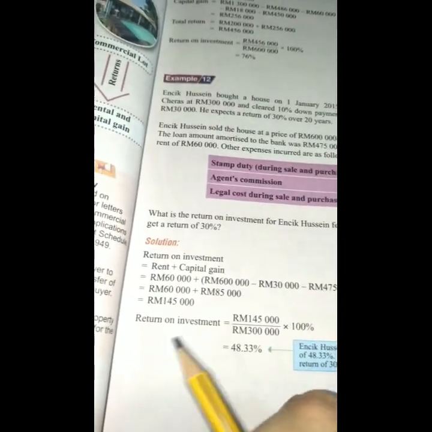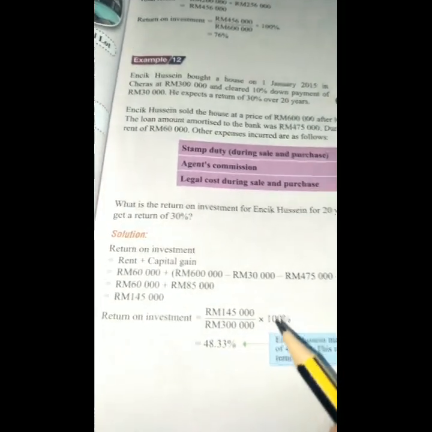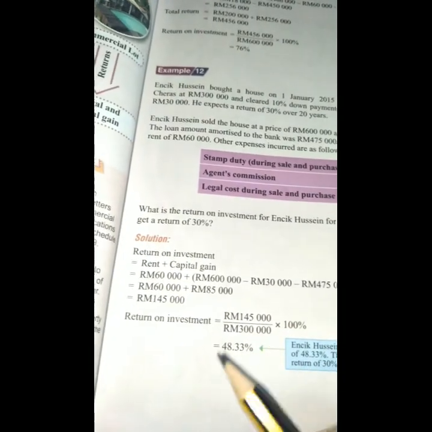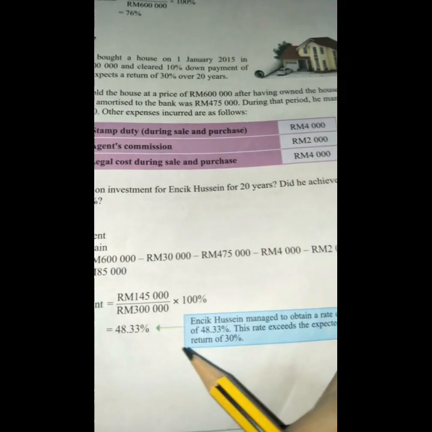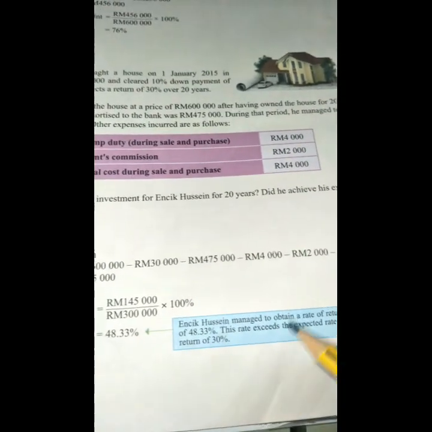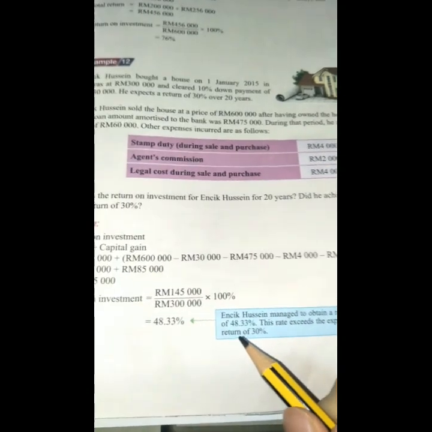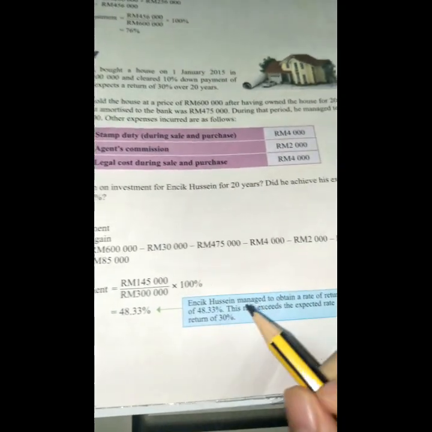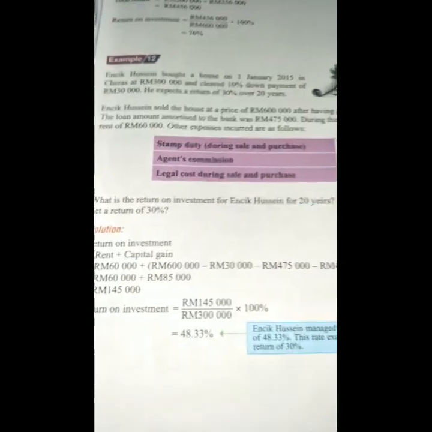So the return on investment, 145,000 ringgit over 300,000 ringgit times 100%. So we get 48.33%. So Encik Husin managed to obtain a rate of return of 48.33%. This rate exceeds the expected rate of return of 30%.